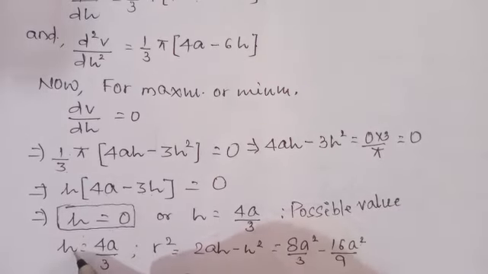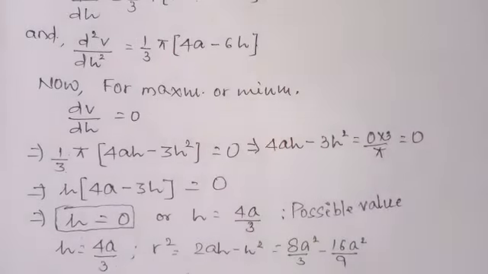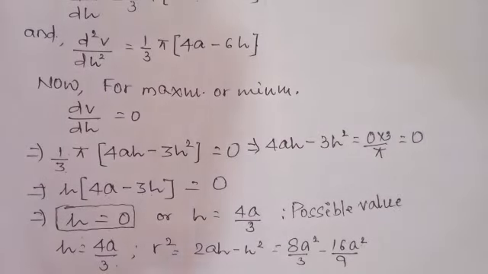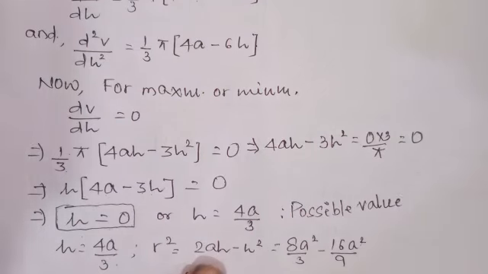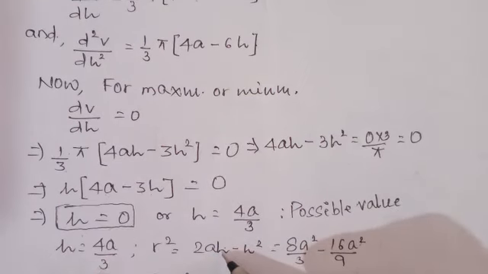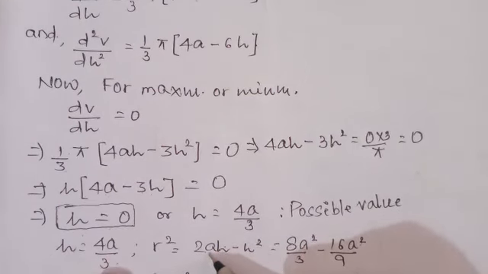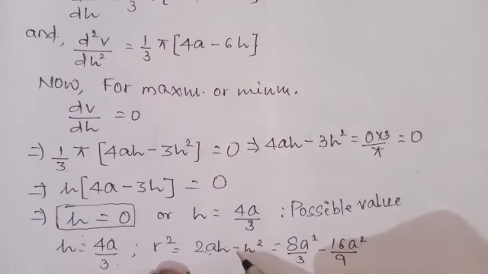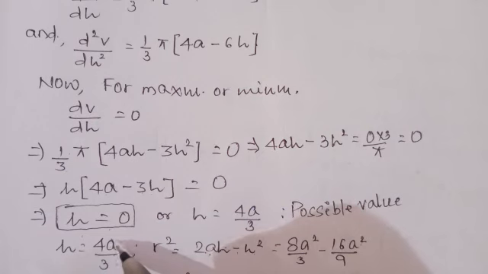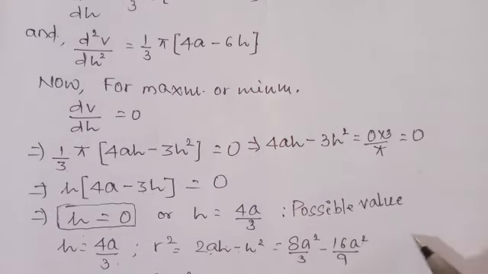So h is equal to 4a by 3. You have calculated r square is equal to 2ah minus h square. So put the value of h here. 2a times 4a by 3 means 8a square by 3, minus h square, that is 16a square by 9.